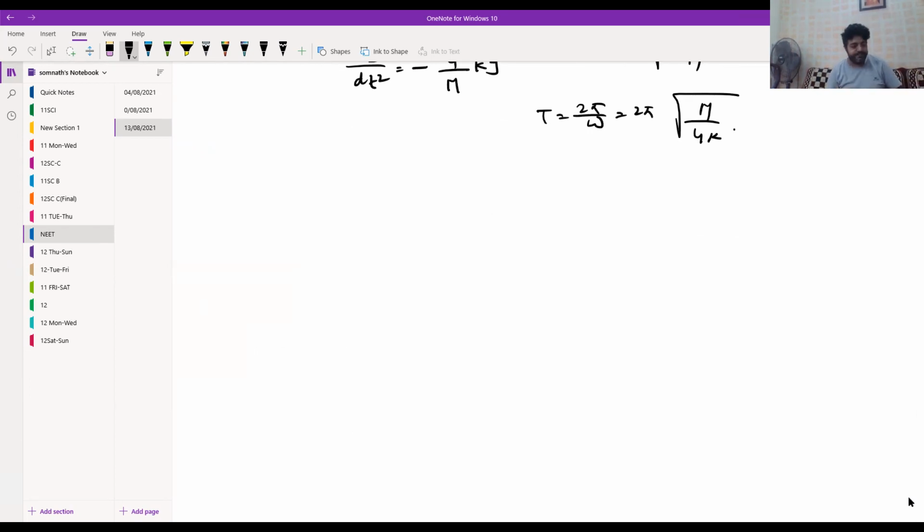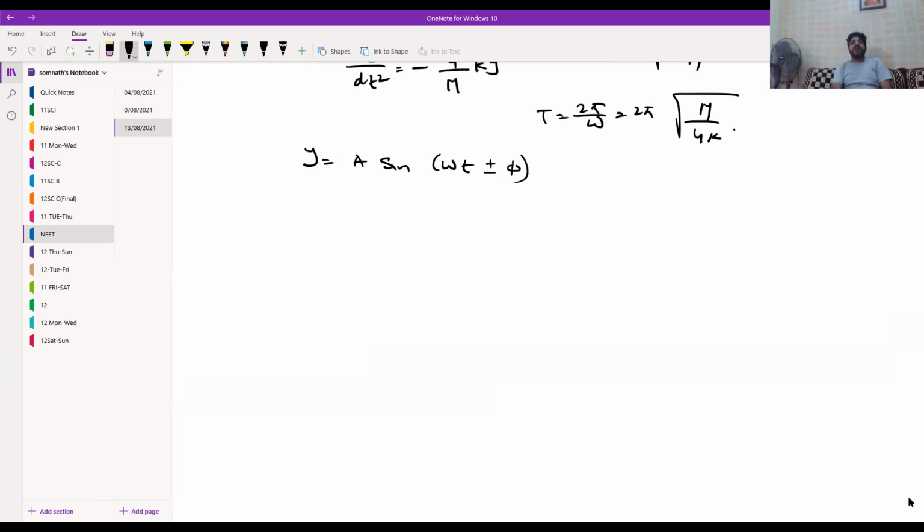Okay, now see a very very important thing. Whenever we write a wave, A is the amplitude. Suppose we can write sine or cos of omega t plus or minus phi. We know this one.